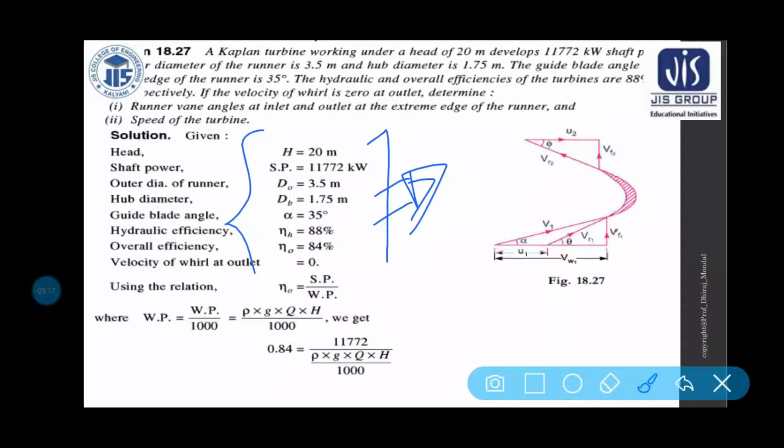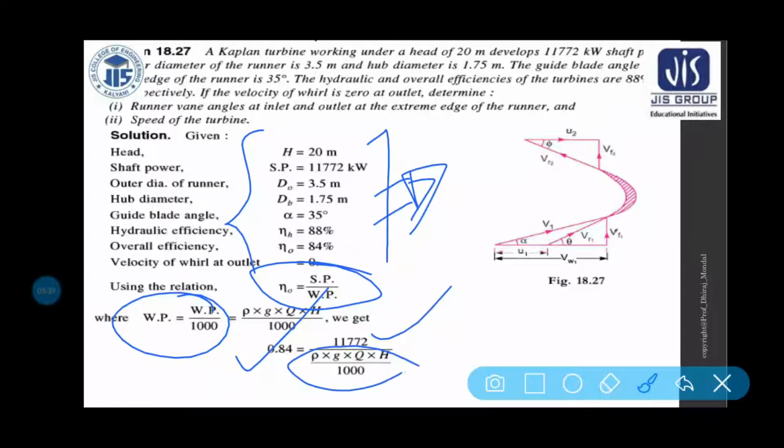You know that the overall efficiency is shaft power by water power, and the water power is equal to rho g QH by 1000. Overall efficiency is given as 0.84, shaft power is also given, and H is given, so can I find out Q? Because all the data is known.